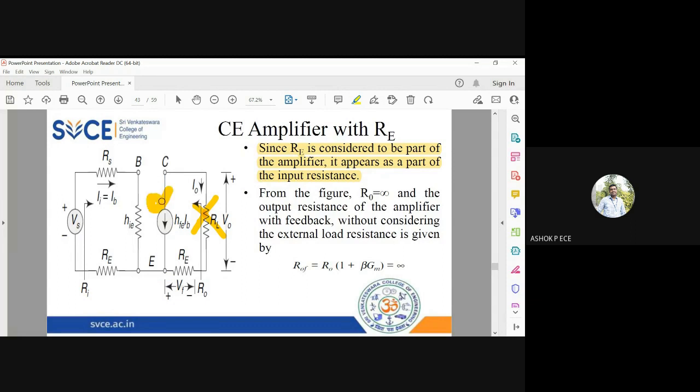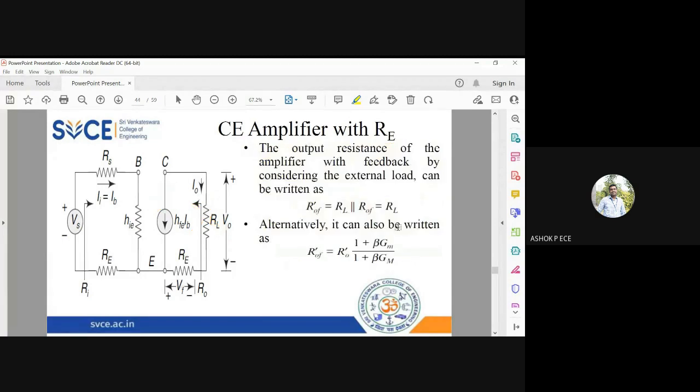It is infinity. So infinity plus RE is going to be infinity. So from the figure you have R naught equal to infinity. So the output resistance without feedback is going to be infinity. If you consider with feedback, it is R naught into 1 plus beta GM. It is also going to be infinity.